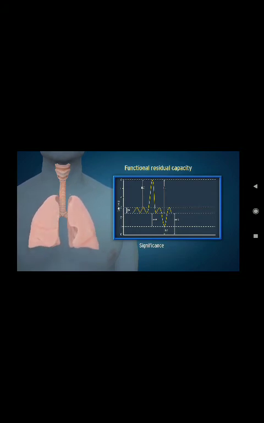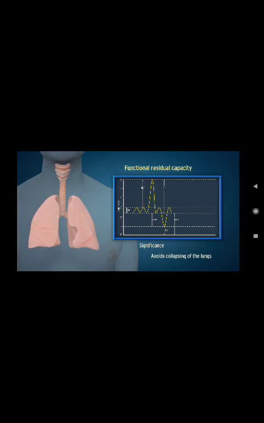Due to the presence of some amount of air in the lungs all the time, the exchange of gases take place continuously, keeping the concentration of oxygen and carbon dioxide in the blood constant. FRC allows the holding of breath. FRC helps in the dilution of toxic inhaled gases as a reserved air volume is always present inside lungs.